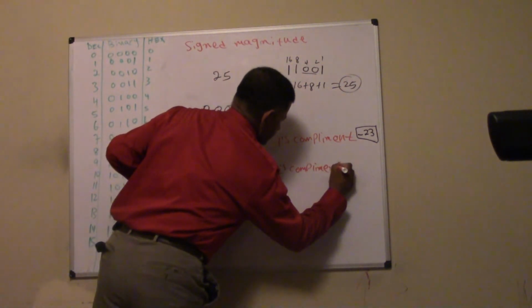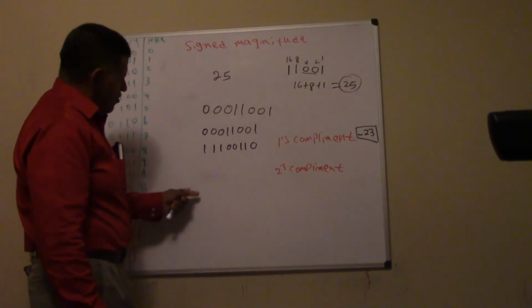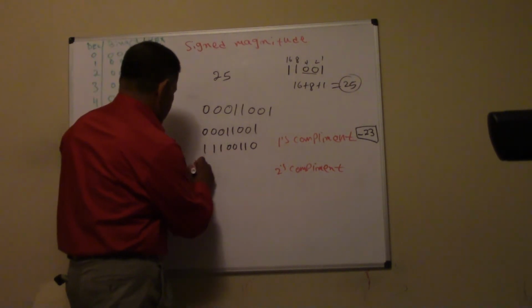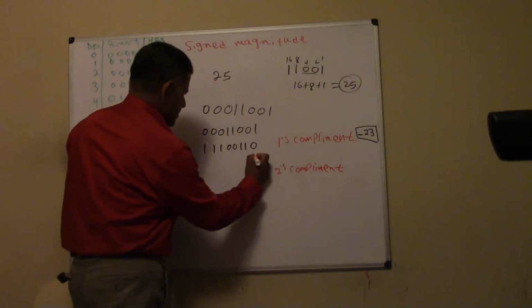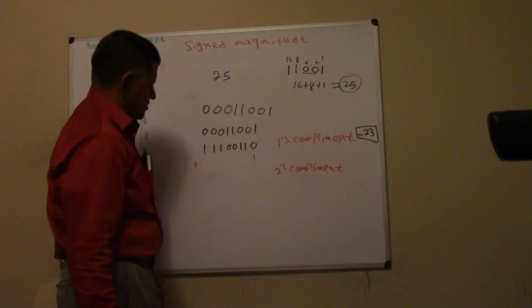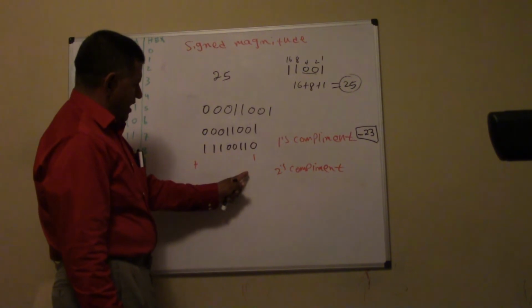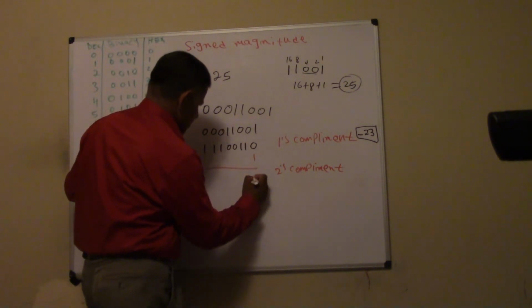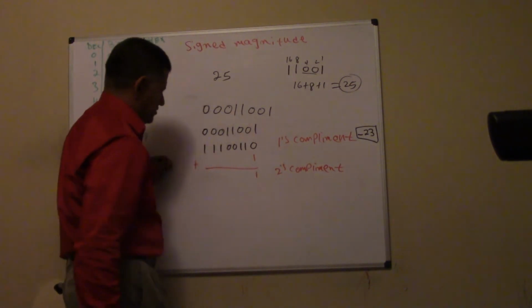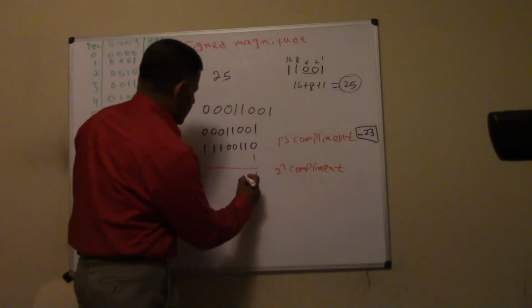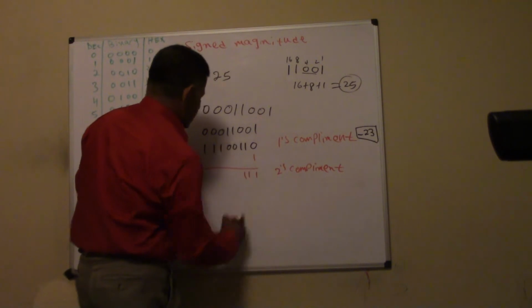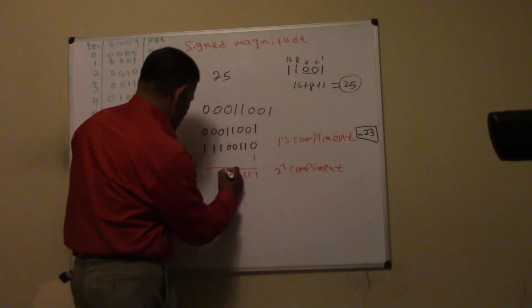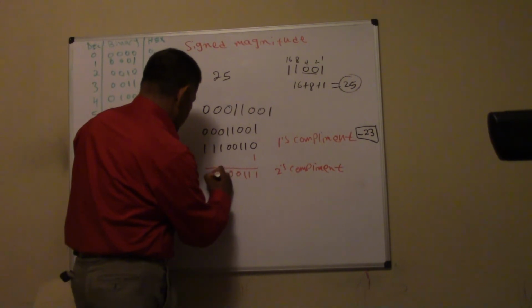Okay, so let me add 1 to this. If I add 1, I get 0 plus 1 is 1. Bring everything down: 1, 1, 0, 0, 1, 1, 1.